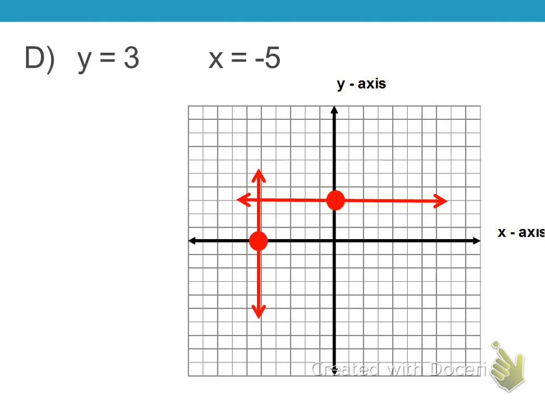What are the coordinates for -5? -5, 0, and then it's just a vertical line through that. Actually, all the coordinates have an x of -5. So it's like -5, 1, -5, 2, -5, 3, if you want to do like an XY chart.